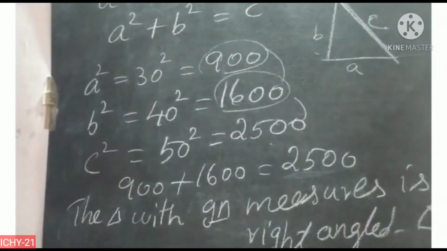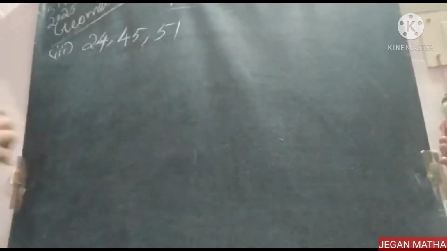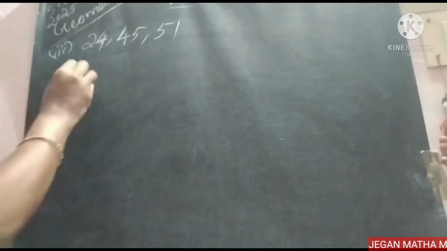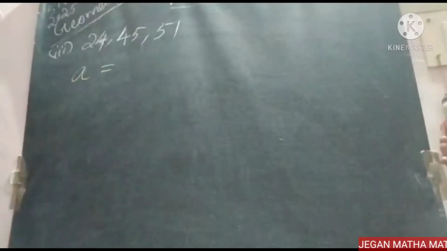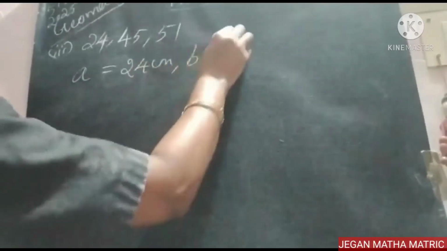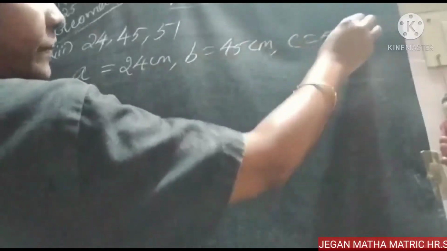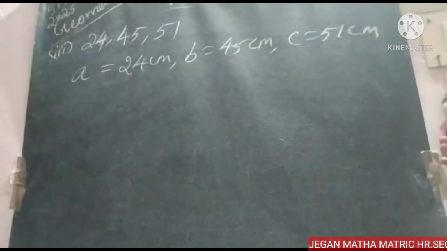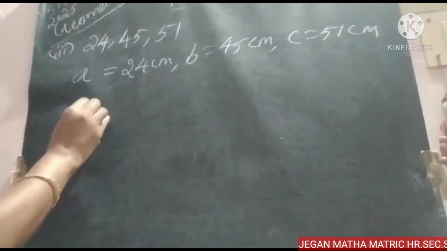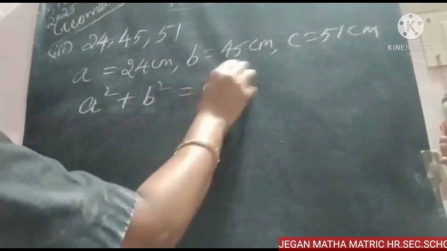Is it clear? Now let us see the third sum: 24, 45, 51. These are the given measurements. A equal to side 1 equal to 24 centimeter, B equal to 45 centimeter, C equal to 51 centimeter. First you have to write as usual the Pythagoras theorem: A square plus B square equal to C square.